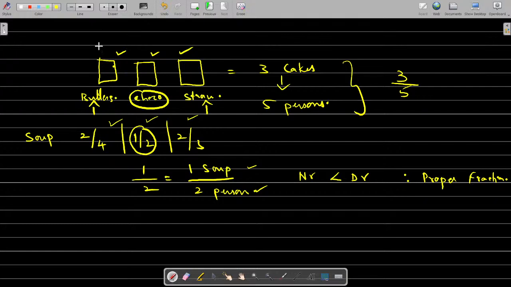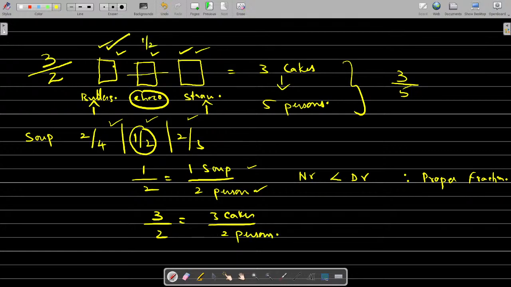So you are going to take the whole of butterscotch, I will take the whole of strawberry, and this chocolate will be divided. Which means these 3 cakes will be divided by 2 persons.